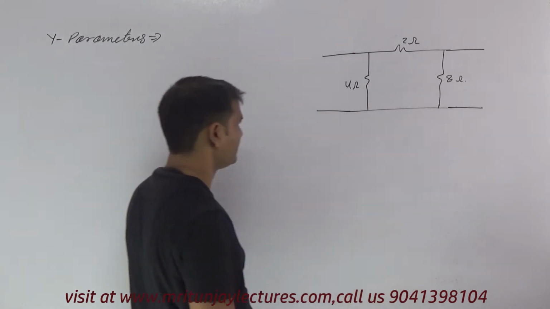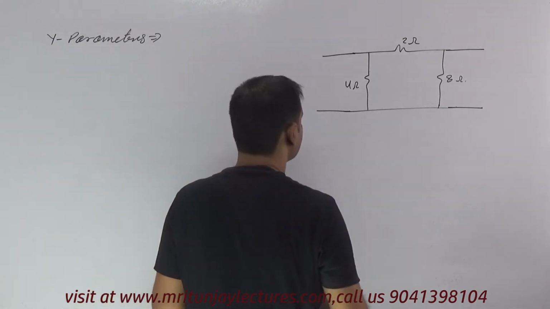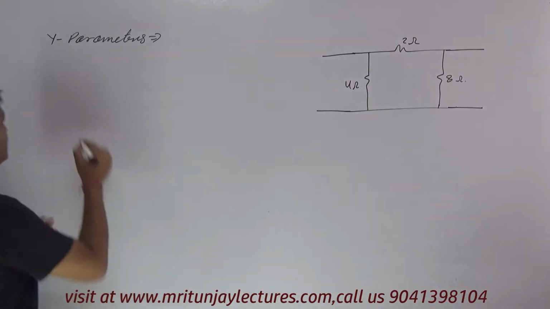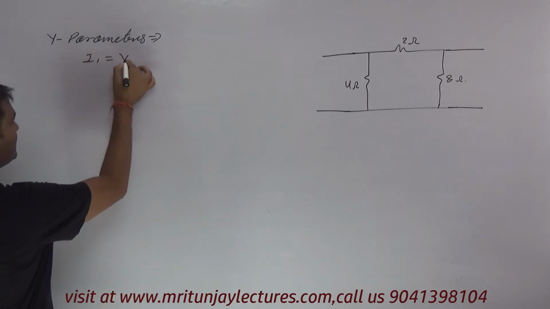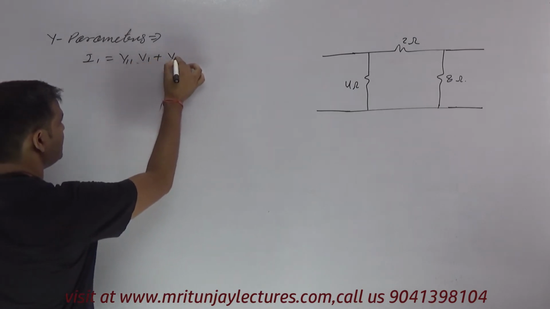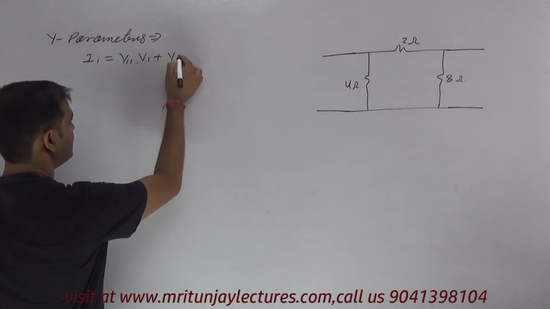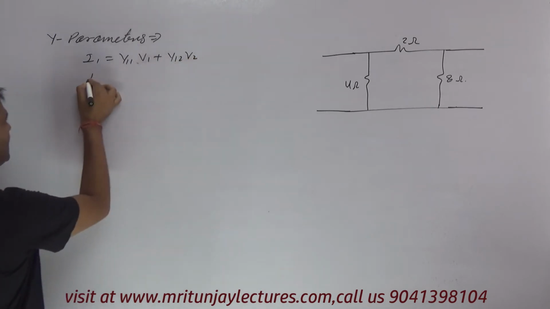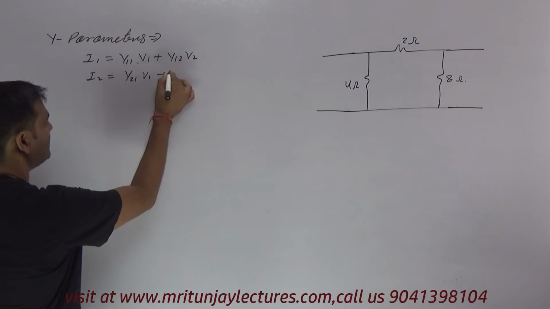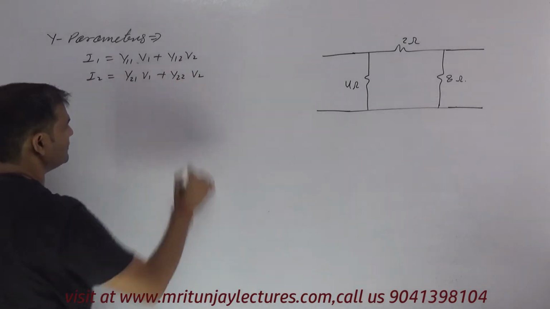Now here, I know the relation between I1, I2 and V1, V2: I1 equals Y11 V1 plus Y12 V2, and I2 equals Y21 V1 plus Y22 into V2.